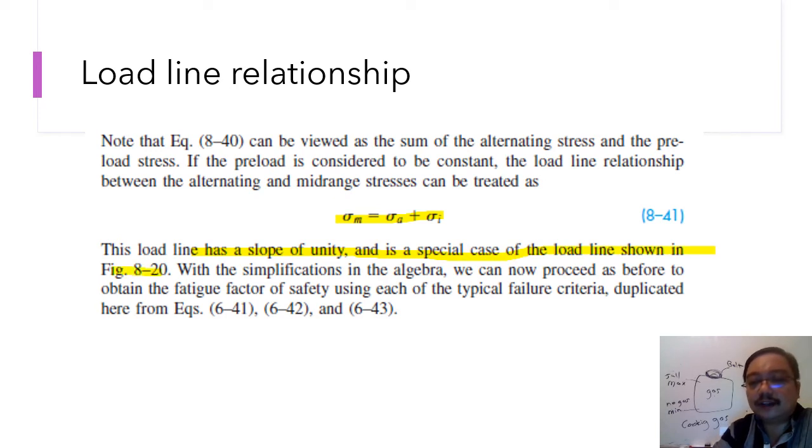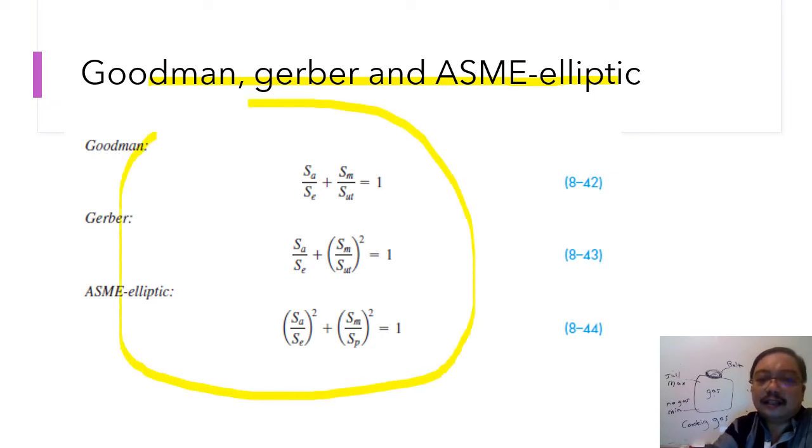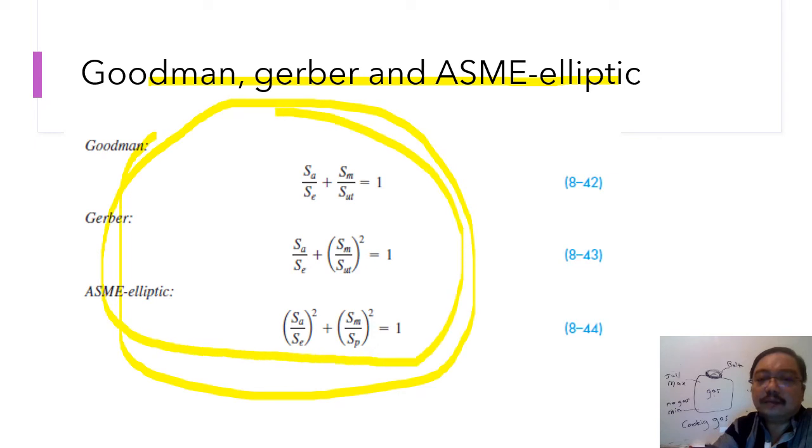You can find the figure 8.20, meaning that is the load line relationship between them. This is the Goodman, Gerber and ASME-elliptic. These three are talking about failure criteria. What is the failure that will happen?